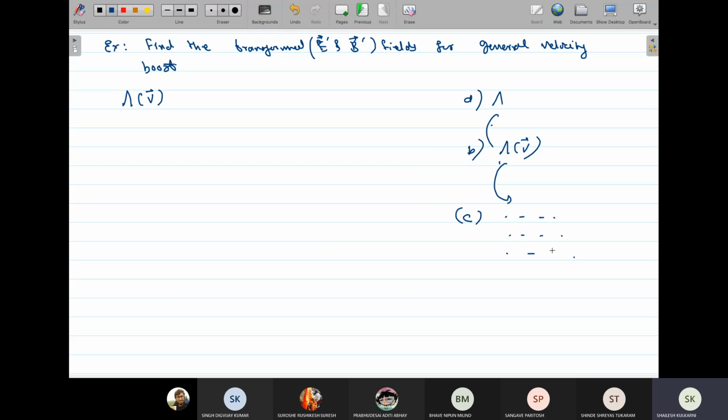So it will be a step-by-step question. If you know this, you can try for this, and then from this you can try for this. So derive this expression.